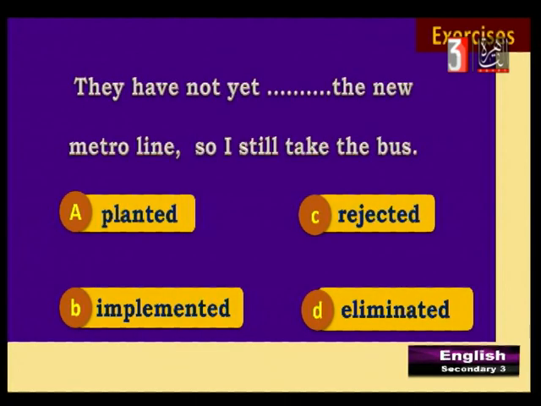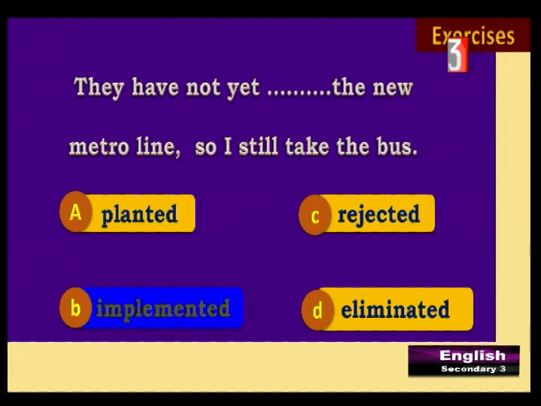Planted, are you planting something? Or implement something that is set up, okay? Is it rejected, something that is refused, or eliminated? We didn't know something that is started yet, so you have to think of the answer carefully. So they have not yet, excellent, implemented the new metro line, so I still take the bus.